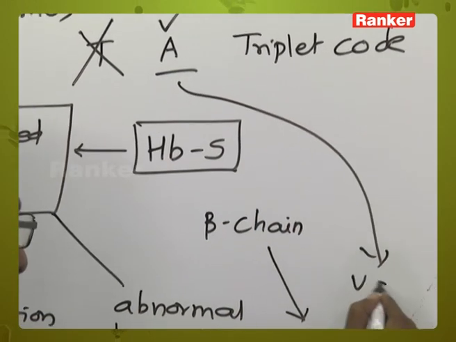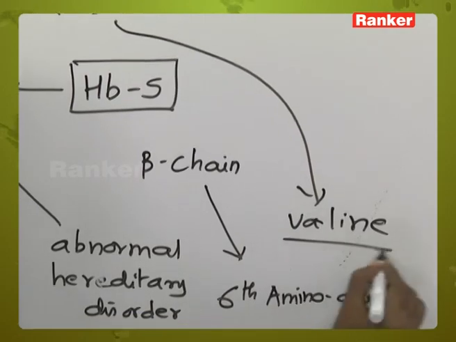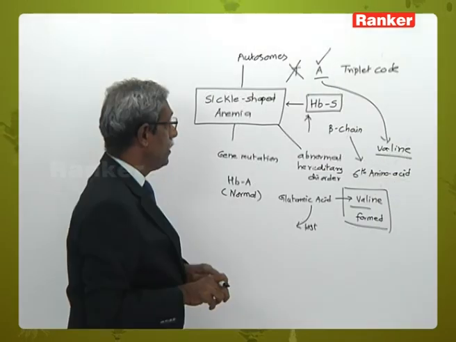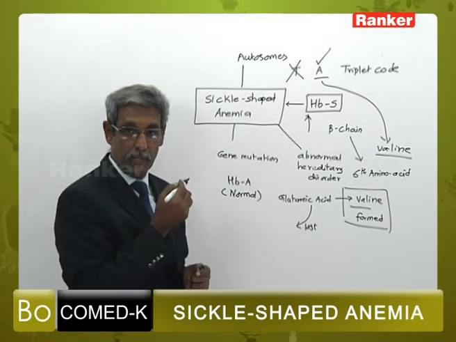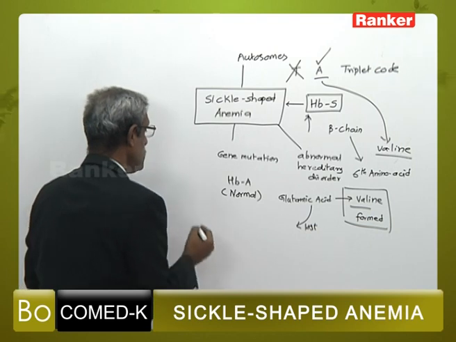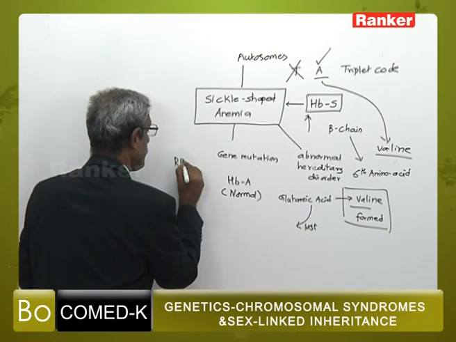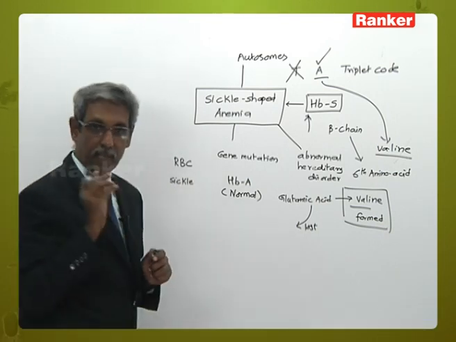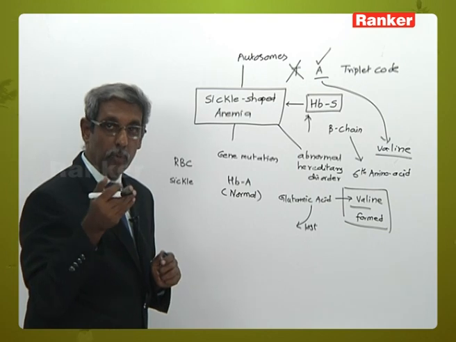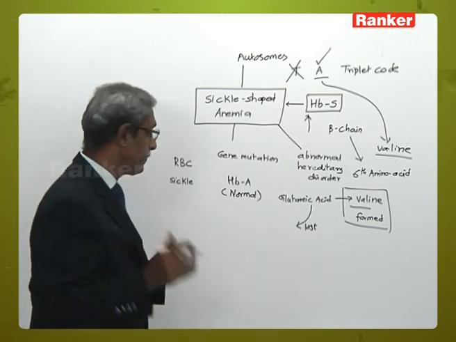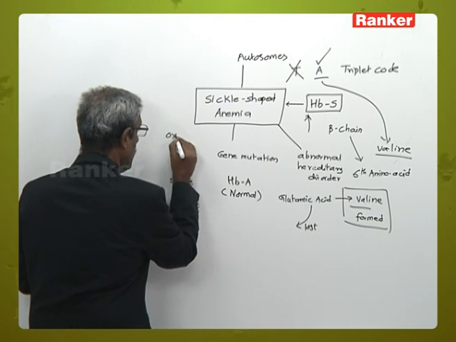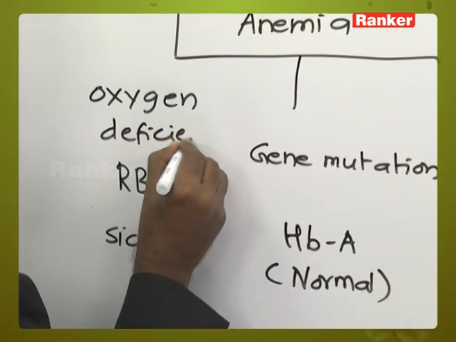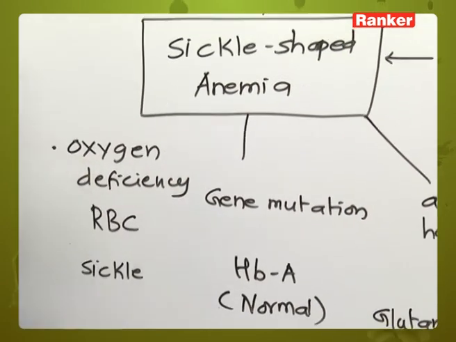Adenine and valine result in the formation of hemoglobin S. So, this autosomal sickle-shaped anemia disorder results in the formation of red blood corpuscles which are sickle shaped, and because they are sickle shaped, they cut through the red blood corpuscles and it results in oxygen deficiency.